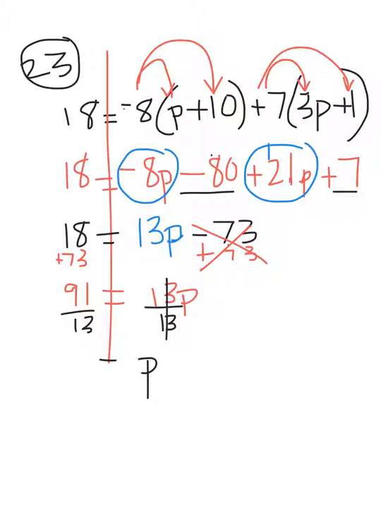That's p equals 91 divided by 13 is 7. So P will equal 7. I could go back in and show you all that to check it, but I don't have time right now. You got to just try to take your time in following these steps and continuing on.